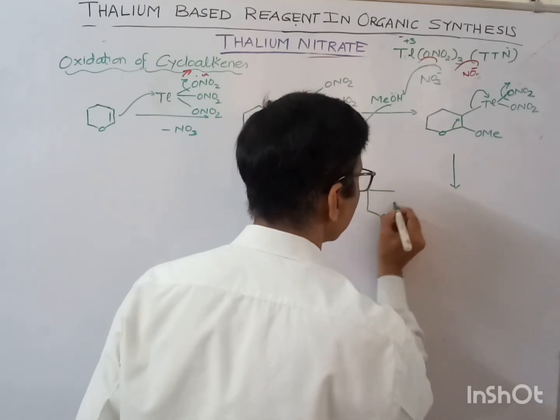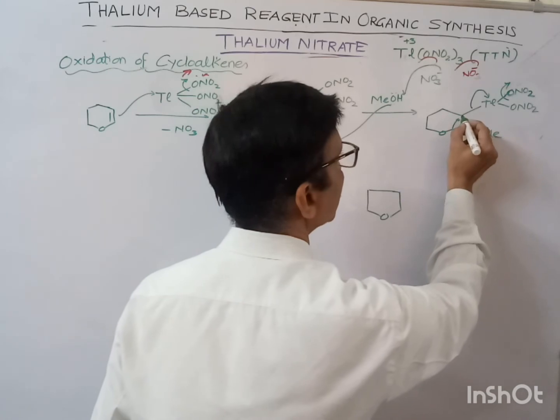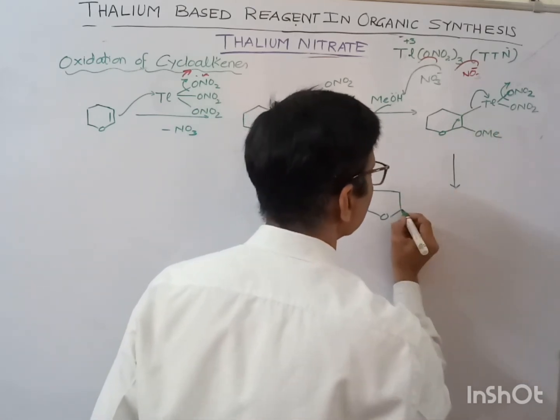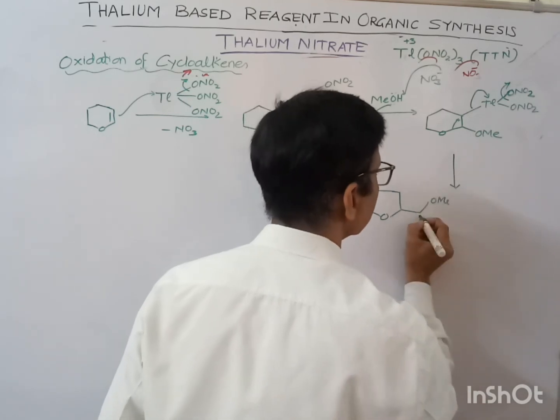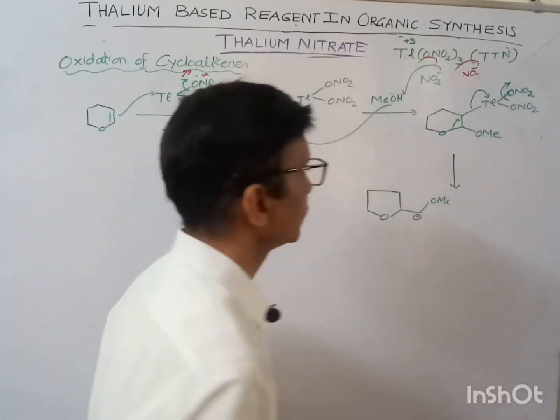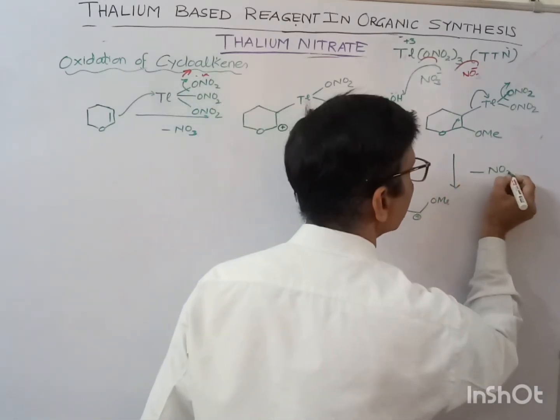So 5-membered ring, and so we will have O and E, positive charge over here that will be created. Clear? Similar to the previous question.